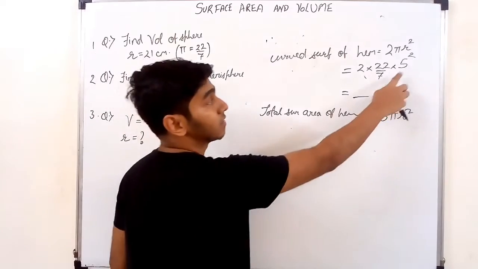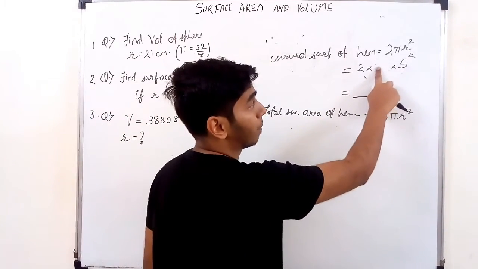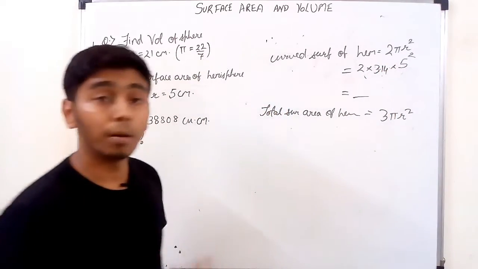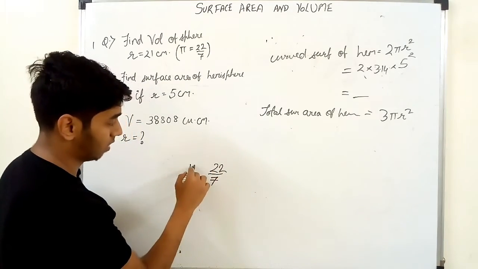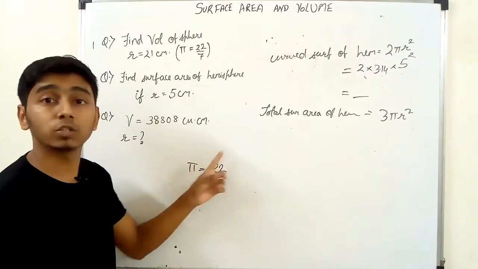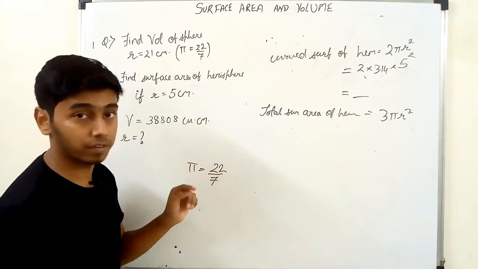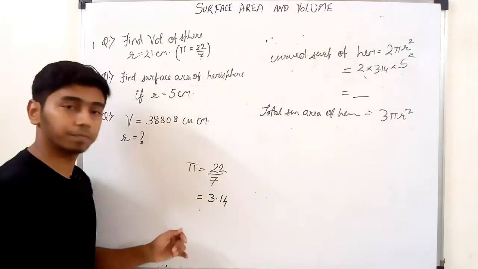Or see, this 5 is not divisible by 7. Therefore we can take the pi value as 3.14 also. Because the value of pi is 22 upon 7, and if you divide 22 by 7, you get 3.14.